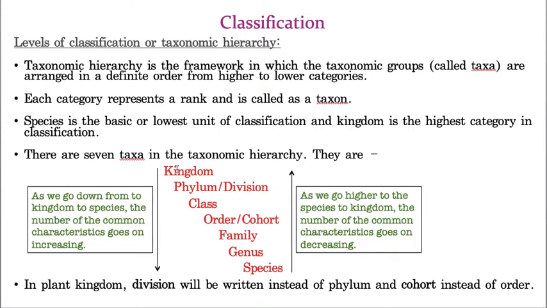So as you go down the taxonomic hierarchy, kingdom to species, the number of characters or similarities will increase. If you are traveling from bottom to top, species to kingdom, the number of similarities will be decreasing.